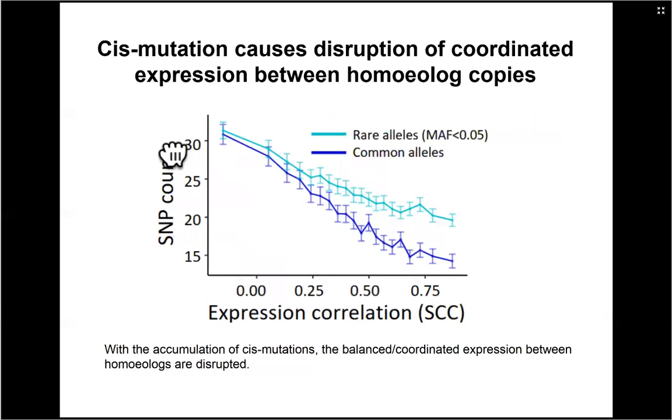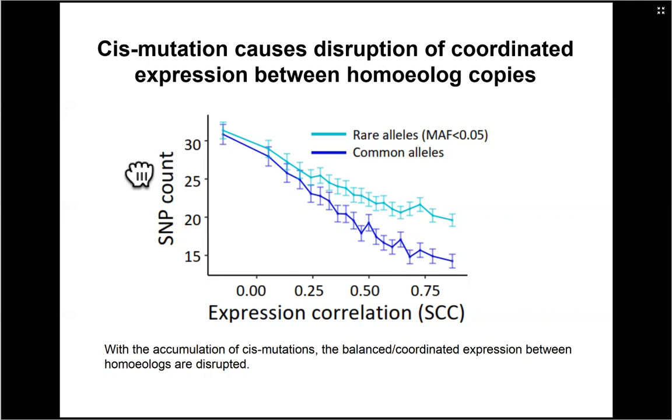We noticed that when we analyze the SNP diversity and the gene dysregulation, with the accumulation of cis regulation, the balanced or coordinated expression between homologs is disrupted. As shown here, the x-axis represents the correlation between a pair of homologous genes.